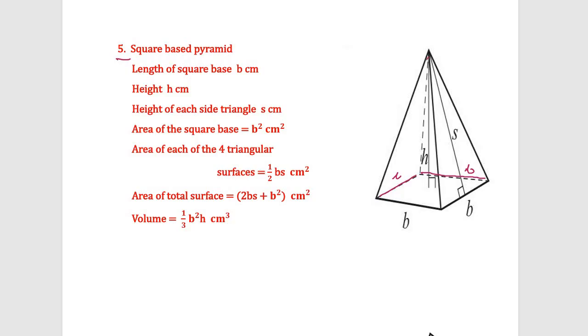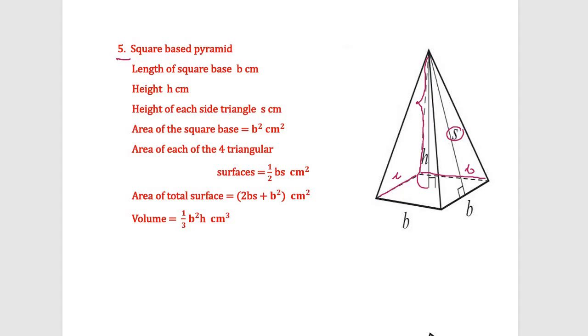The height is this height, from the vertex to the middle point of the square base, which is h centimeter. And the height of each side triangle is s centimeter, and this is the height of each side triangle.